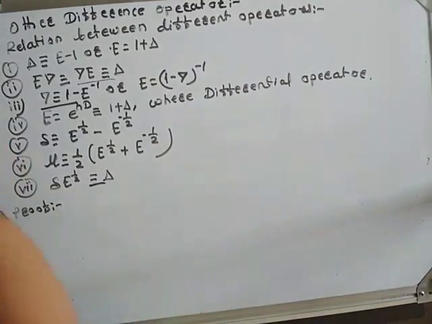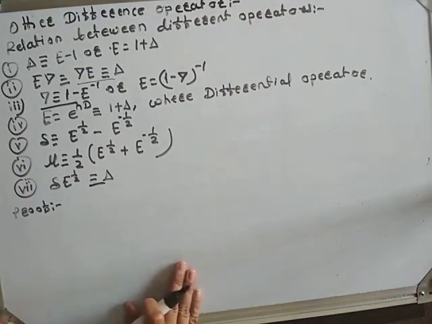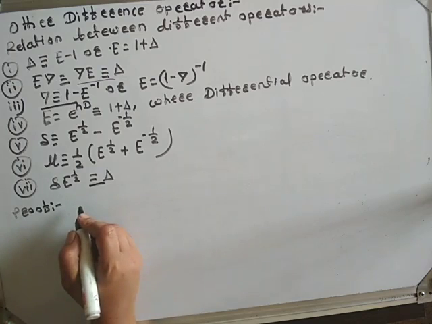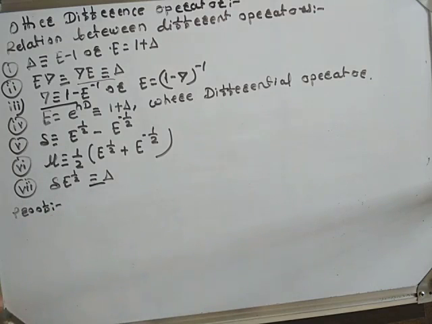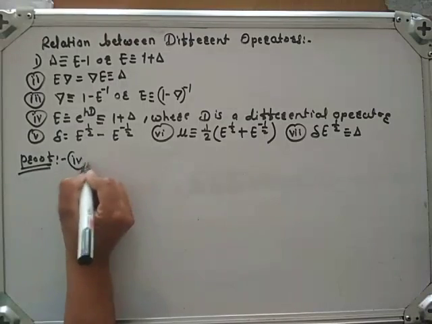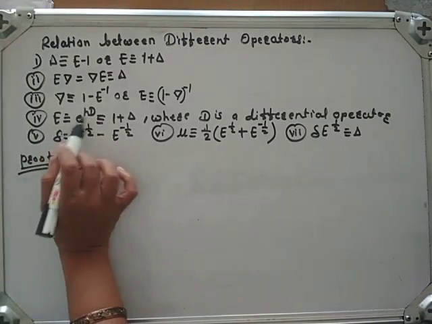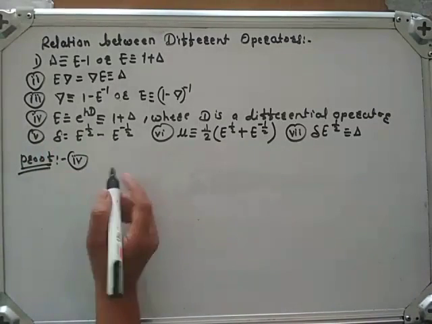Now we will prove relation number 4. In relation 4, we have to prove that E is equivalent to E raised to hD.